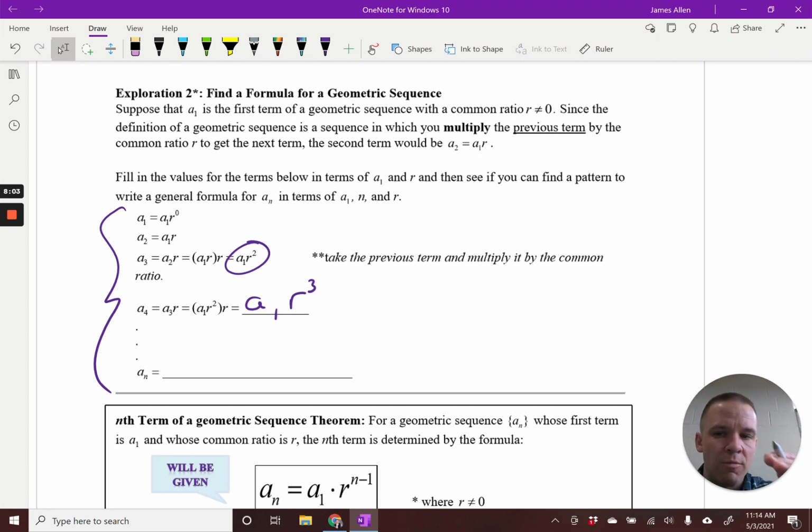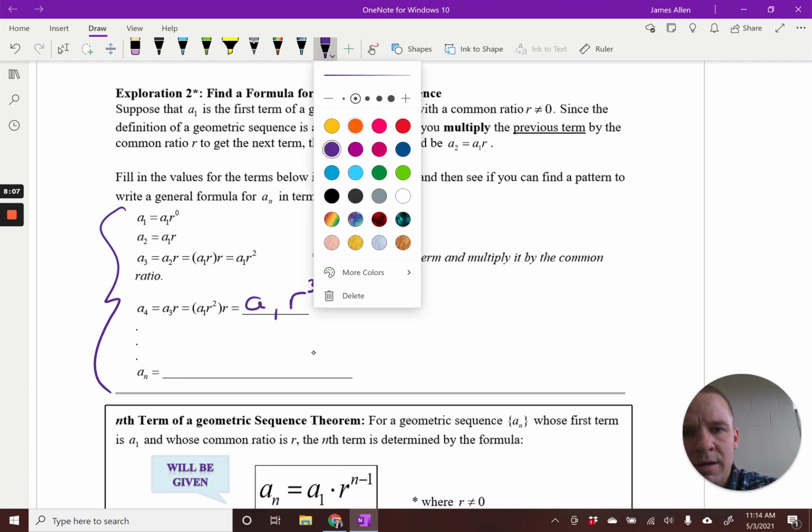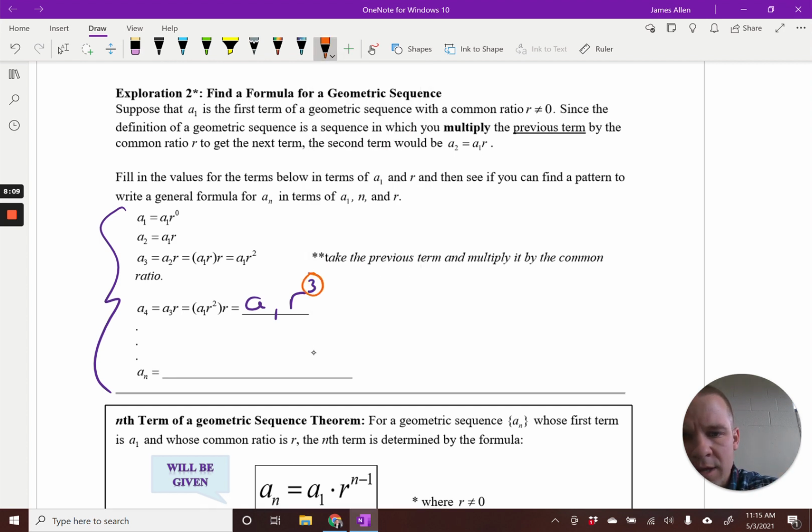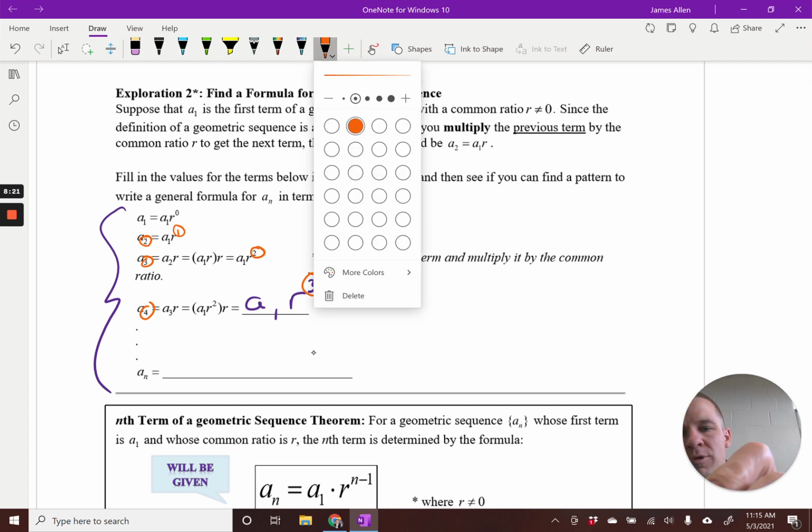And that pattern would continue on. But what do we notice here about, let me get a different color here. This, that'd be a 1 right here. And then, it's always 1 less. Always 1 less.